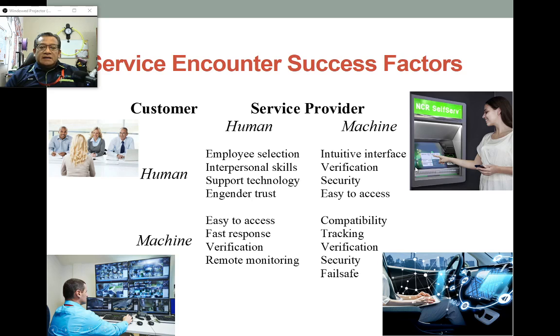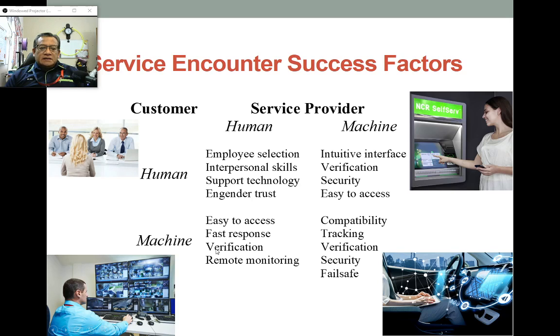It must guide the customer on what next move the customer must make in order to operate the machine. It requires some verification and also security, like a password and so on. So the machine must make access easy for the human to use the service.